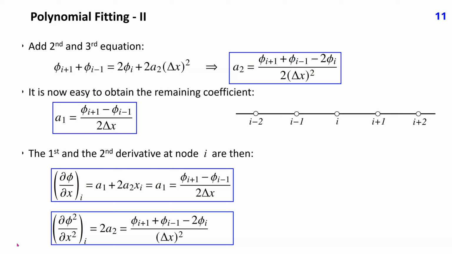At node i, for x equals 0, the first derivative equals the coefficient a1, and the second derivative is twice the coefficient a2. The approximation of the first derivative is the same as the central difference obtained earlier from Taylor series expansion. The same approximation of the second derivative can also be obtained from Taylor series expansion and is also called central difference approximation.